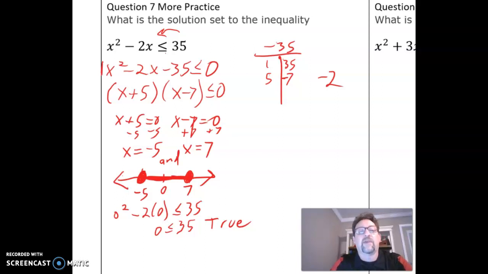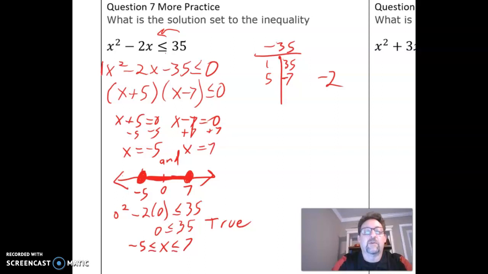So we could write the answer as x, well, pardon me. All right, since this is an and, we're going to write this as x is between -5 and 7.